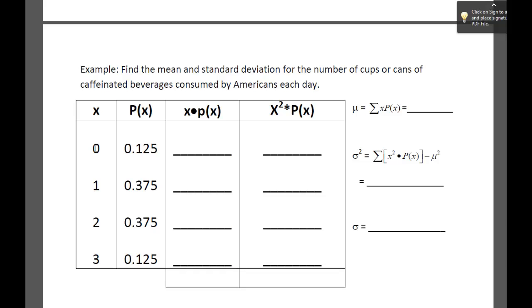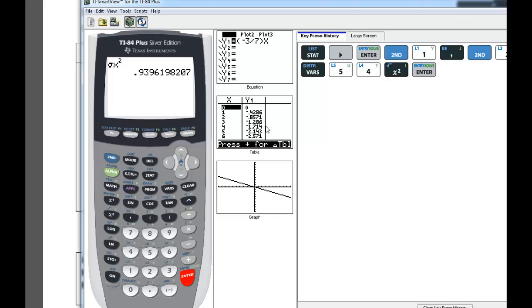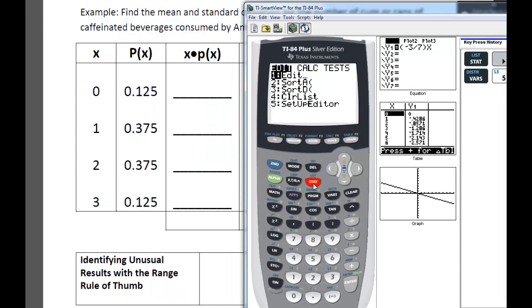Okay, find the mean and standard deviation for the number of cups or cans of caffeinated beverages consumed by Americans each day. Let's go straight to the calculator for this. So on my calculator, again, I'm going to go to stat, calc. First, I got to put the data in. So on edit, in L3, I'll put in my x values.